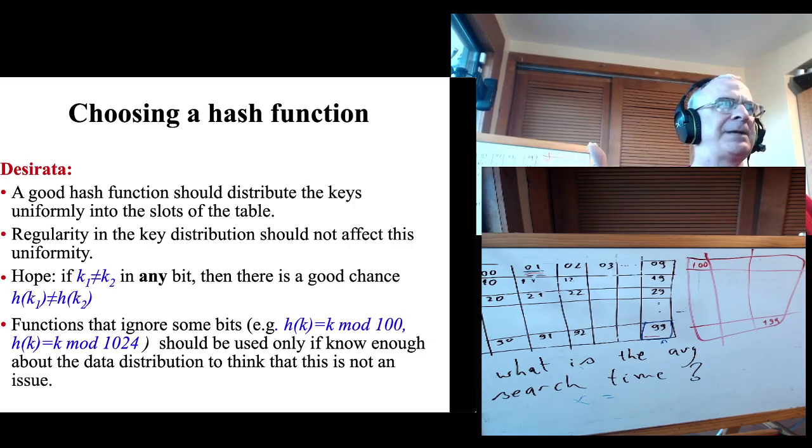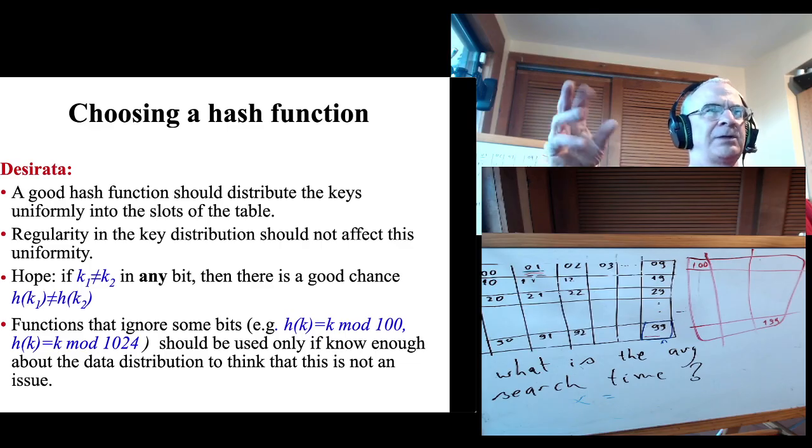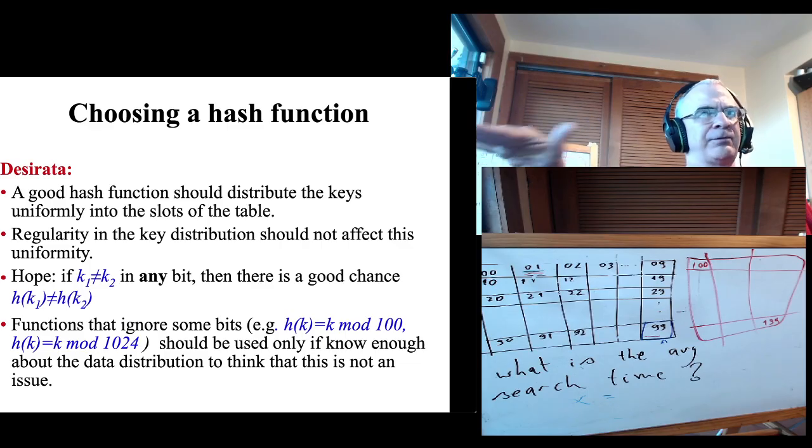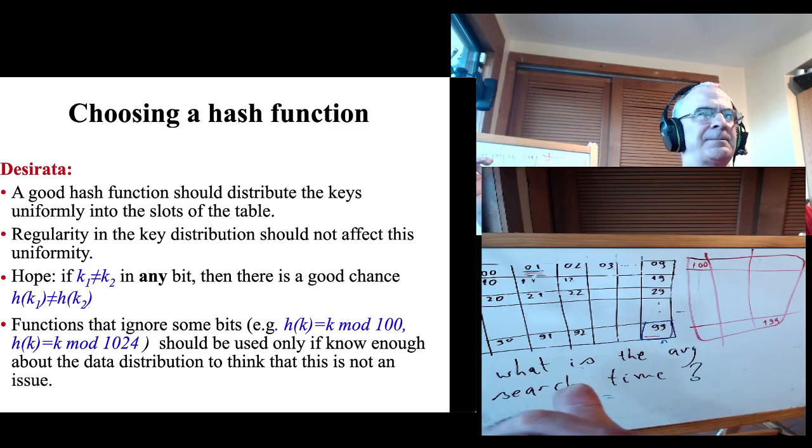Well, maybe yes, maybe no. Here you need to know more about how the data is distributed. If the ID numbers are just given based on first come, first go, 1, 2, 3, 4, 5, 10, 1, 2, 3, 4, 5, 10, then probably it's not a problem. You still have a nice distribution of the numbers.